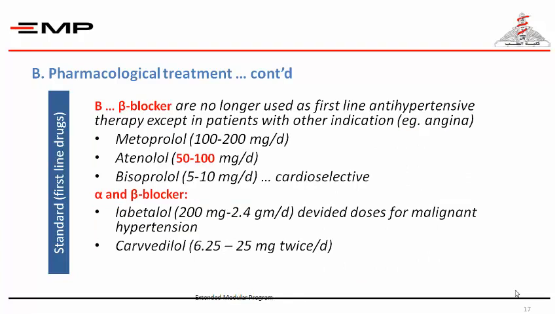But in the recent guidelines, beta blockers are no longer used as first-line antihypertensive therapy, except in patients with other indications like angina. We use the last mentioned drugs, the ACE inhibitors, the ARBs, the calcium channel blockers, and the diuretics first, and lastly the beta blockers if there are other indications like ischemic heart disease.